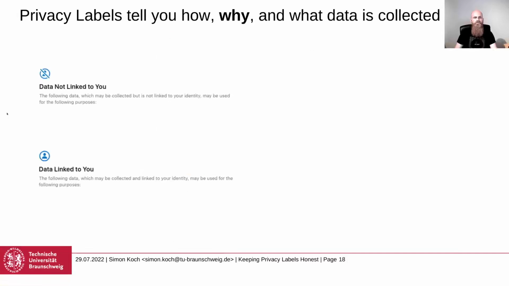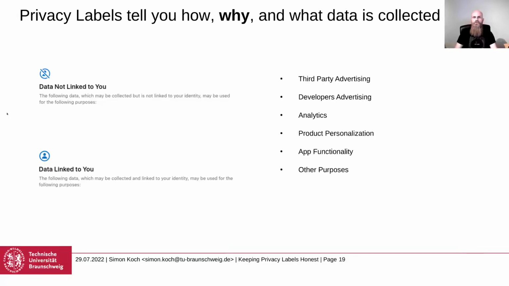Only the sections data not linked to you and data linked to you actually contain purposes. The section data used to track you already contains the purpose in the how. Overall, there are 6 different purposes: third-party advertising, developers advertising, analytics, product personalization, app functionality, and other purposes.